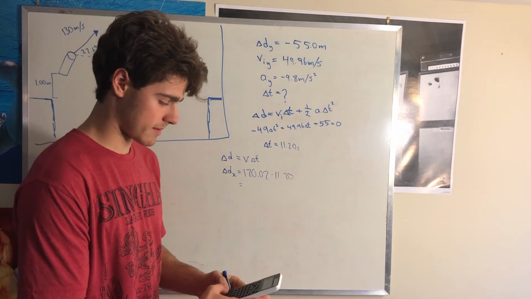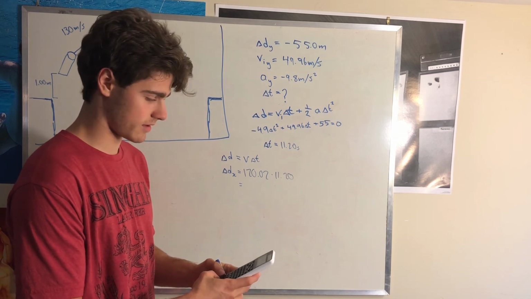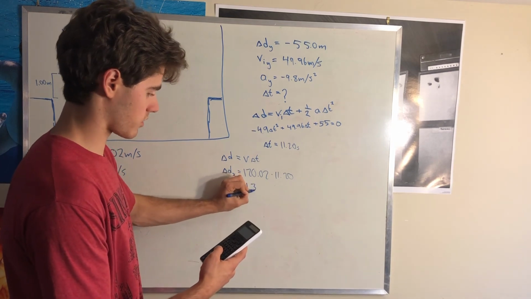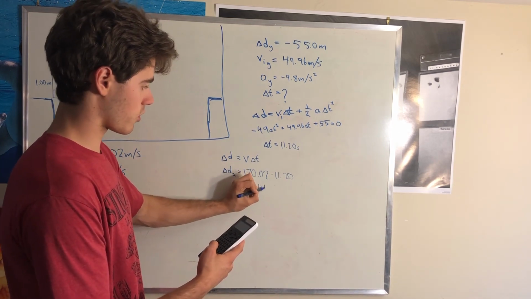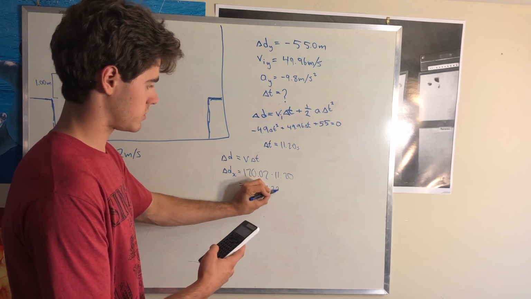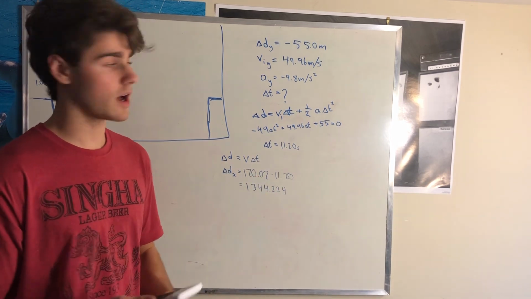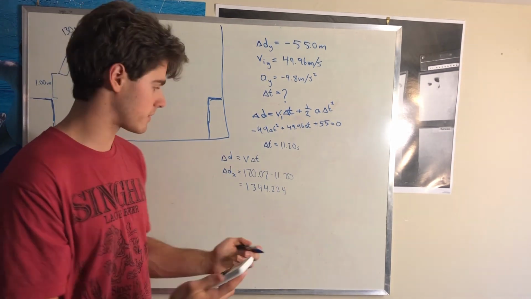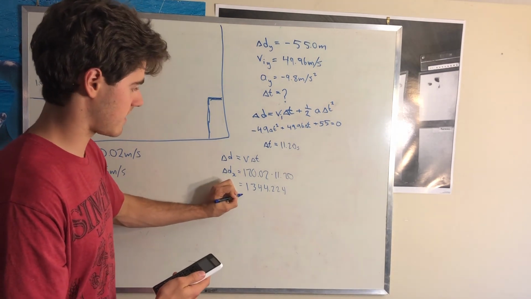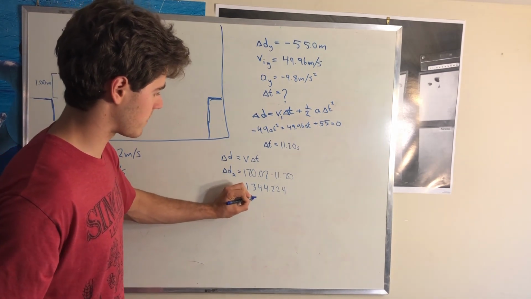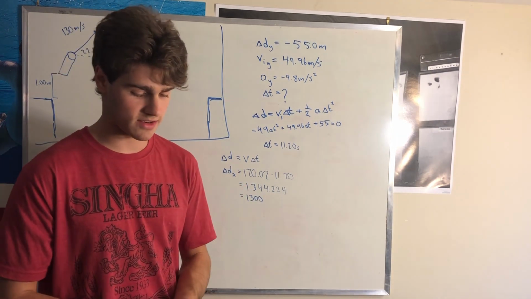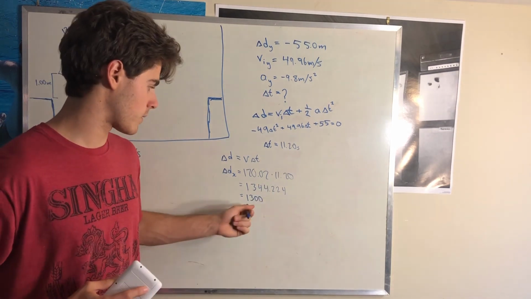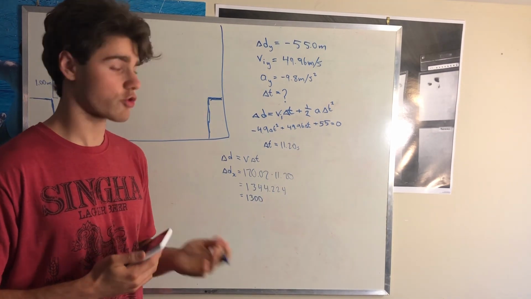And we plugged it in my calculator, 120.02 times 11.2. We get 1,344.224. Now remember, originally we were given two significant digits to do this entire problem with, so when reporting our answer, we would have to say that it is equal to just 1,300, because that's two significant digits. So yeah, the width of the bottomless pit was 1,300 meters.